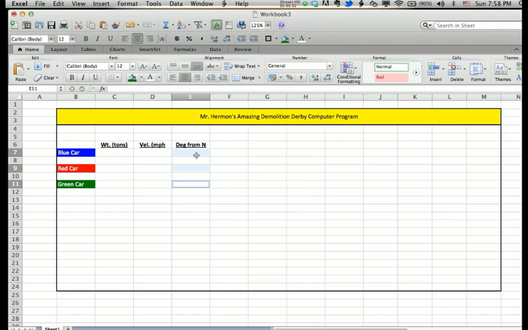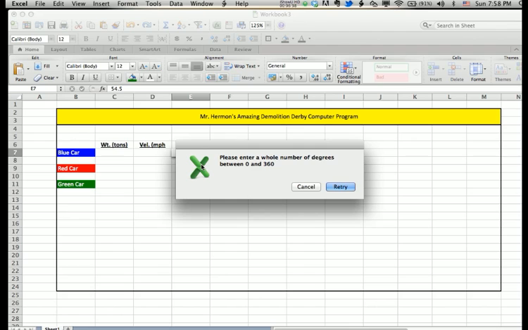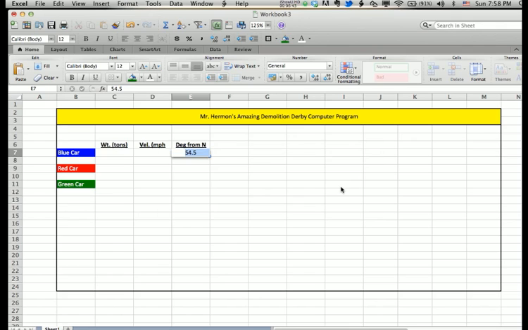And so now, if someone comes in here and you type in like 54.5 and then hit return, it'll say please enter a whole number of degrees between 0 and 360. So I'll retry, and I could do maybe 300 and hit return, and it's going to let me do that. And that'll be the case for this one and this one also. Okay.